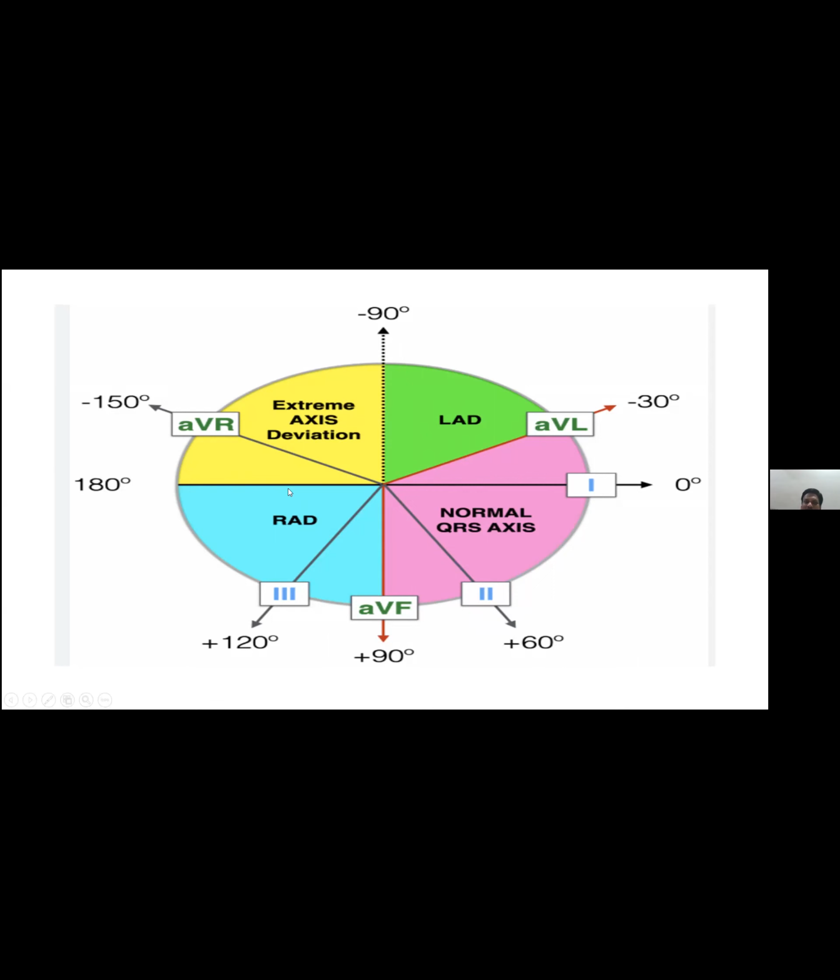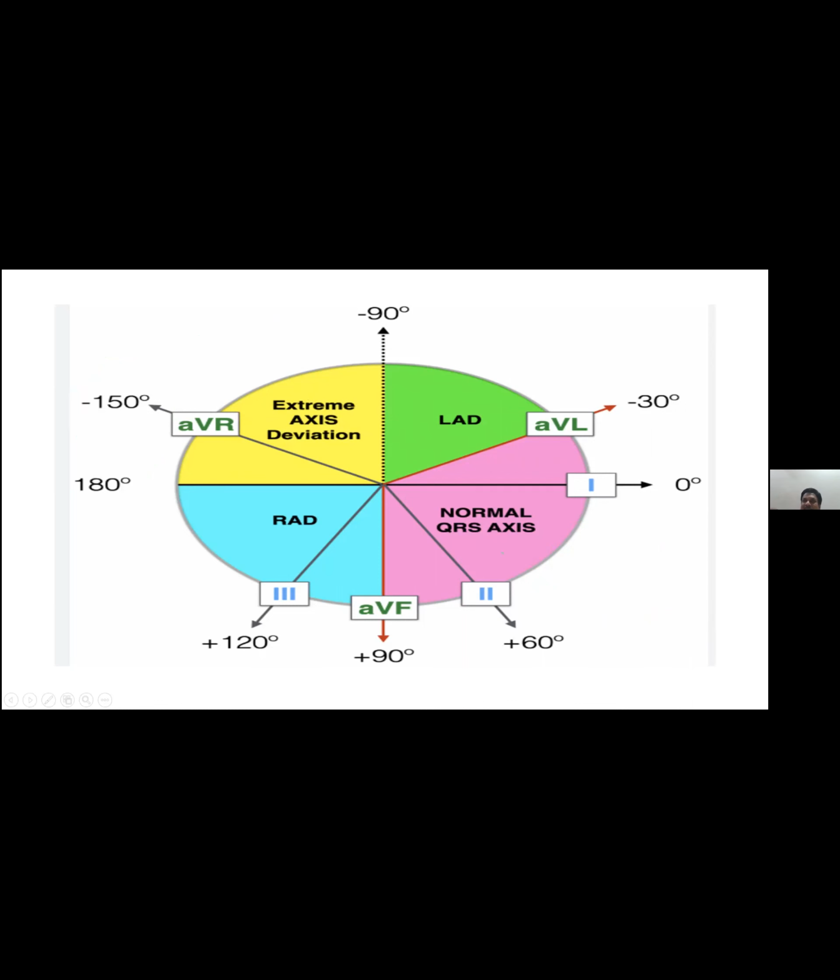Now you understand why AVR is negative and lead 1 is always positive: from the SA node, the conduction goes towards lead 1. When the electrical activity goes towards lead 1, it is always positive.